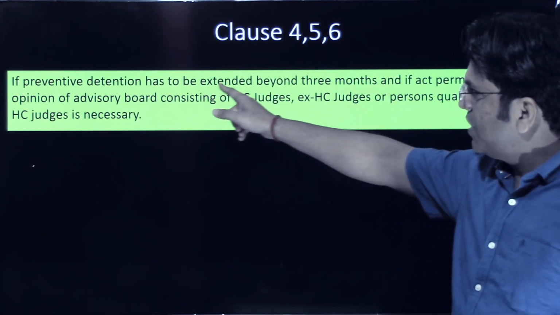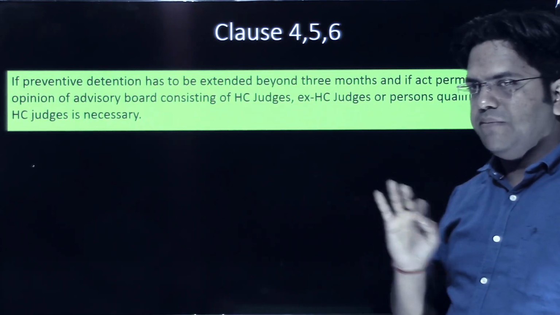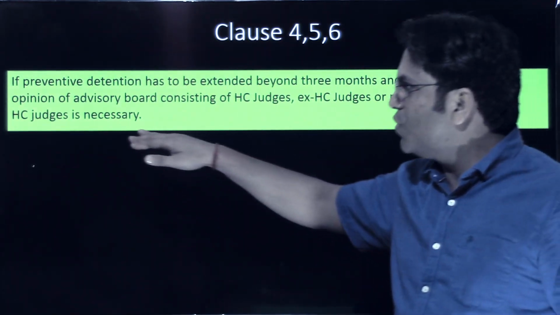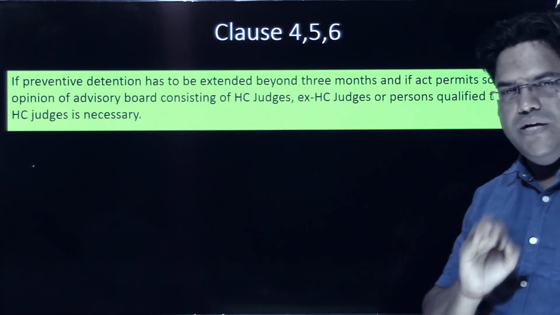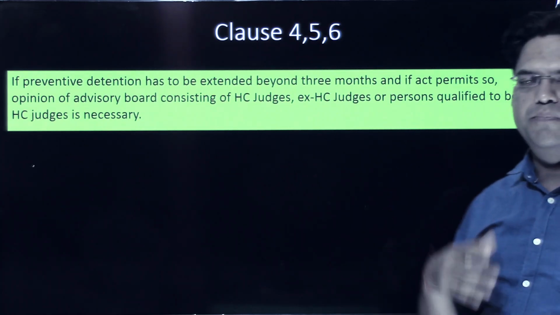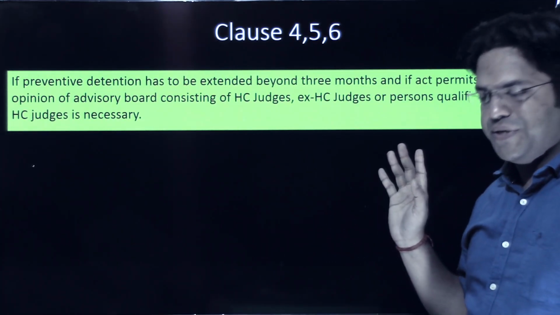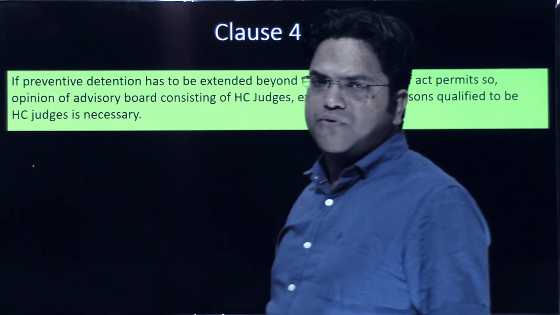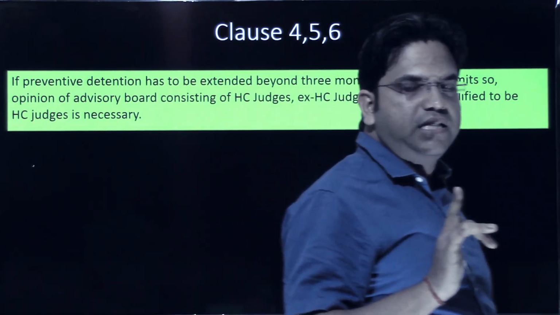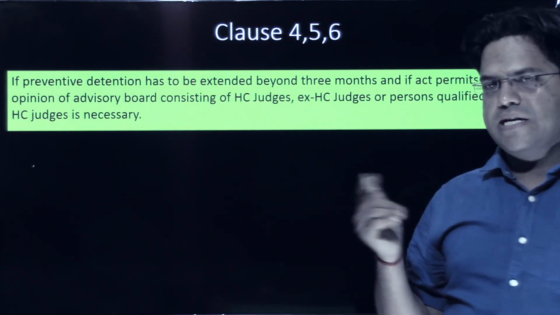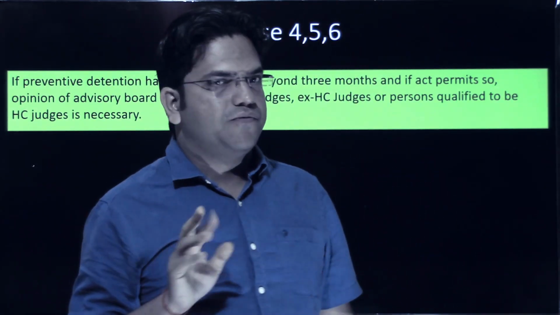So if the detention has to be extended beyond 3 months and if the acts permit so, still the opinion of the advisory board, consisting of high court judges or ex high court judges or persons who are qualified to do so, is necessary. If you are following current affairs, Mehbooba Mufti and Omar Abdullah, when they were first arrested after the J&K bifurcation, were arrested under preventive detention for the first 3 months.